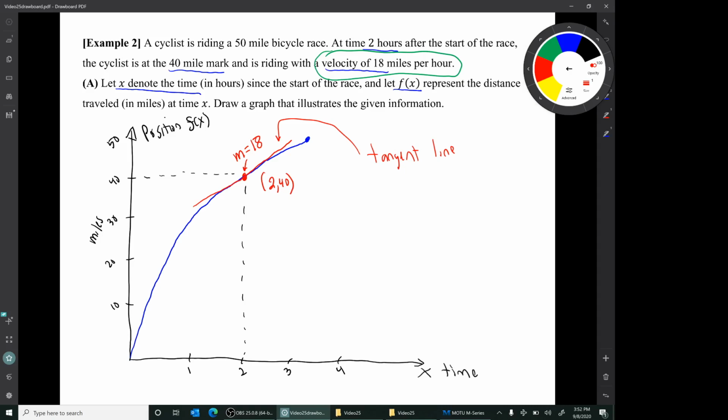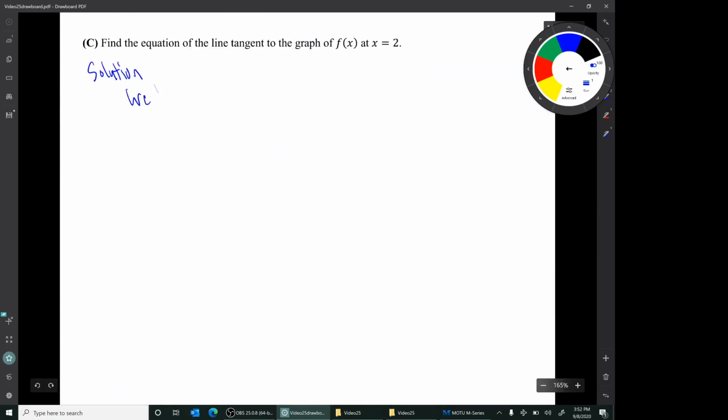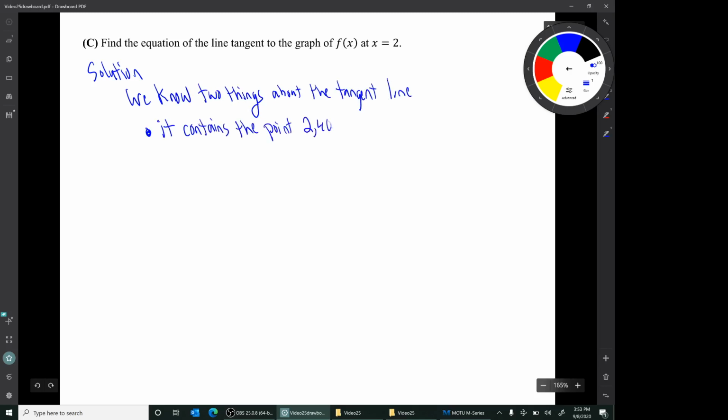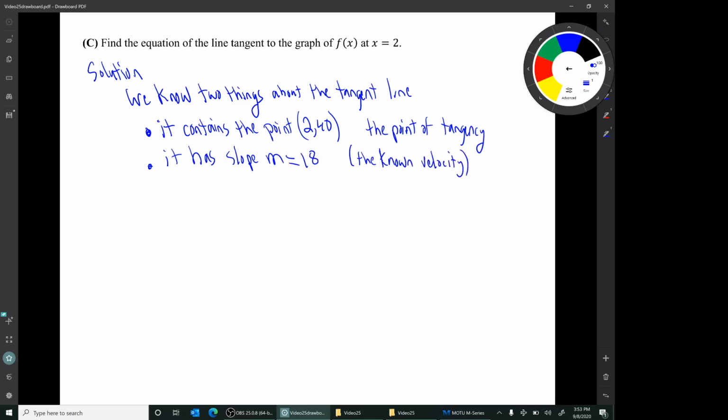So for that tangent line, we know 2 bits of information. We know the tangent line passes through that point, and we know the tangent line has that slope. So the 2 things we know about the tangent line are that it contains that one point and it has that known slope.